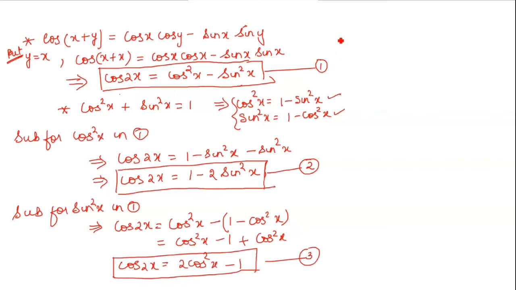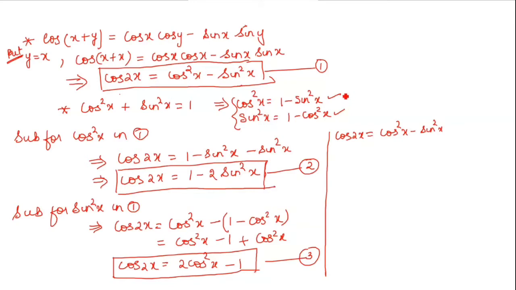Next, how to reach the fourth formula? Very, very important. So let us take the first formula only. What is cos 2x? Cos 2x is cos square x minus sine square x. Now, can I write 5 is equal to 5 by 1?